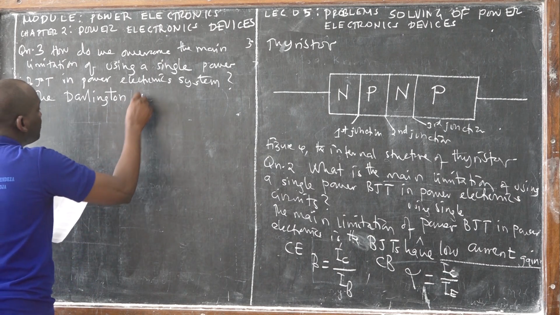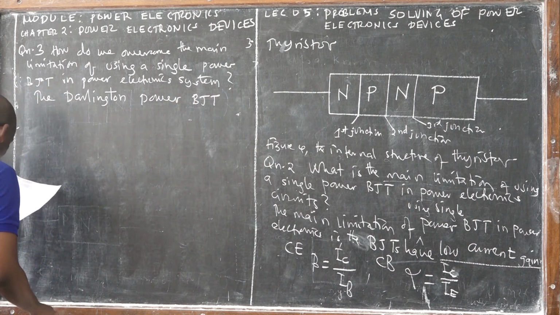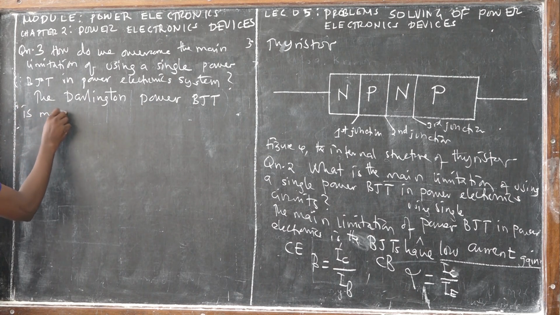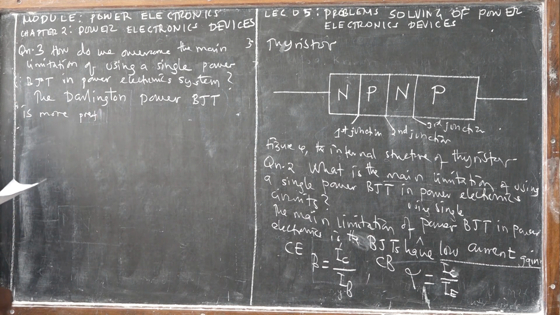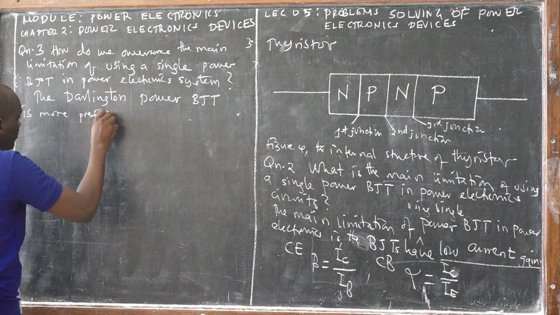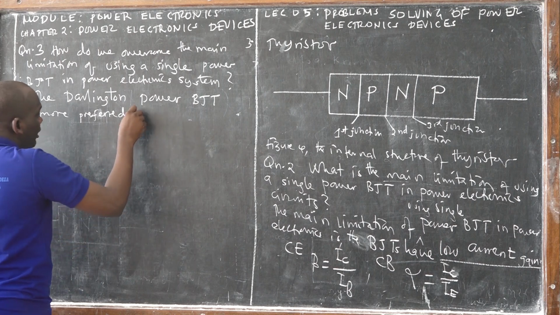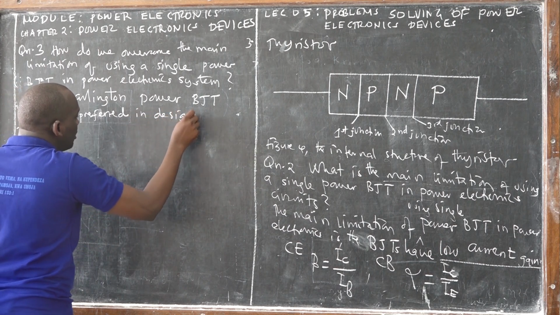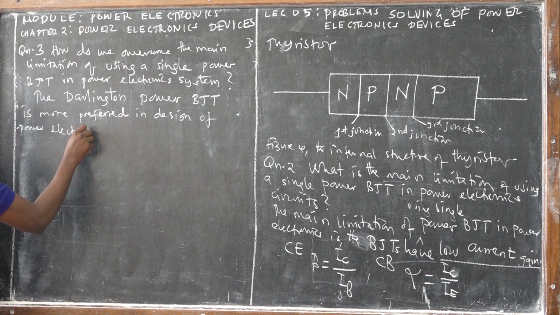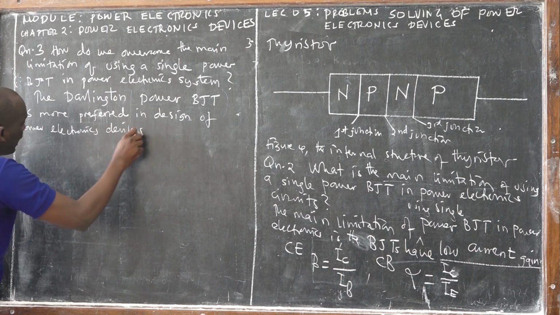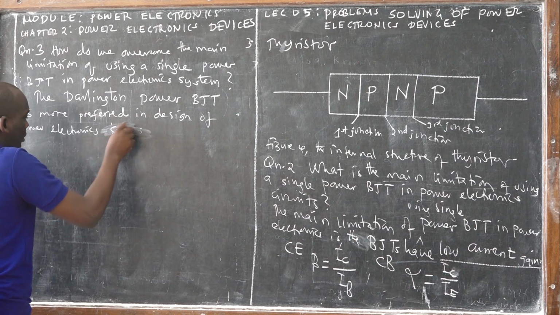So the Darlington power bipolar junction transistor is more preferred in the design of power electronics systems.